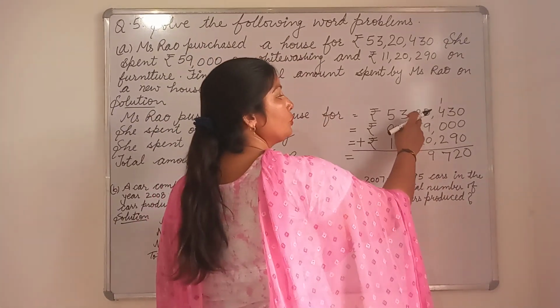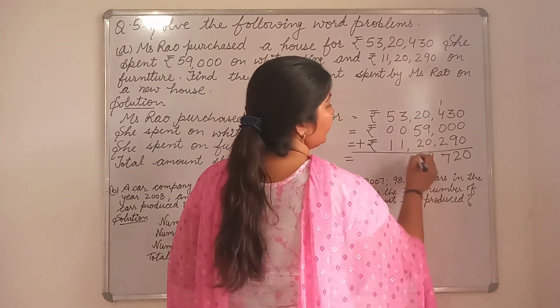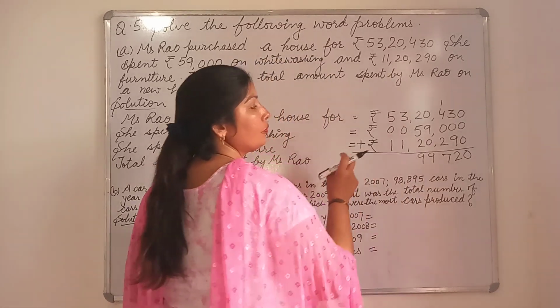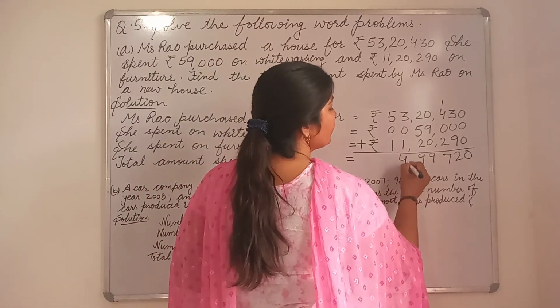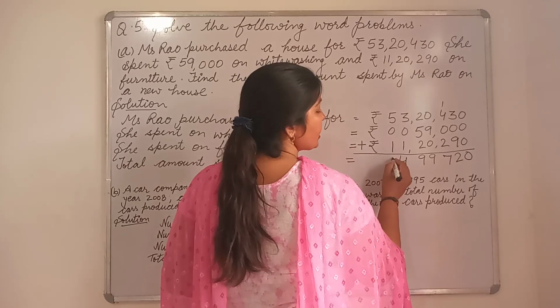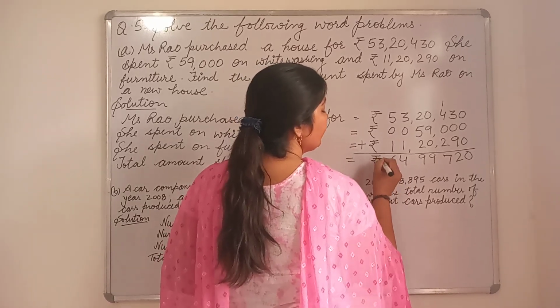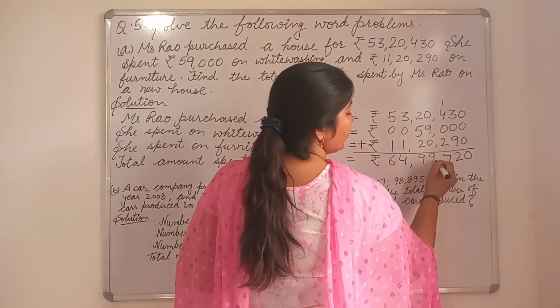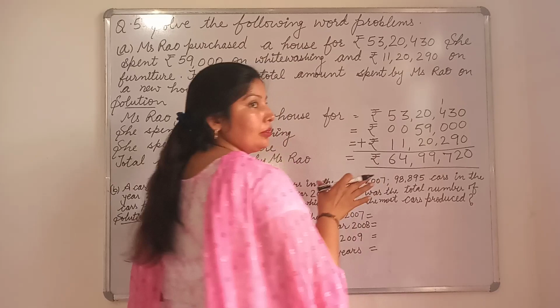Now 5 plus 2, 7. 7 plus 2, 9. Then next 3 plus 1, 4. 4 plus 0, 4. Now 5 plus 1, 6. 6 plus 0, 6. So how much amount she spent on house? 64,99,720. This amount she spent on the house.